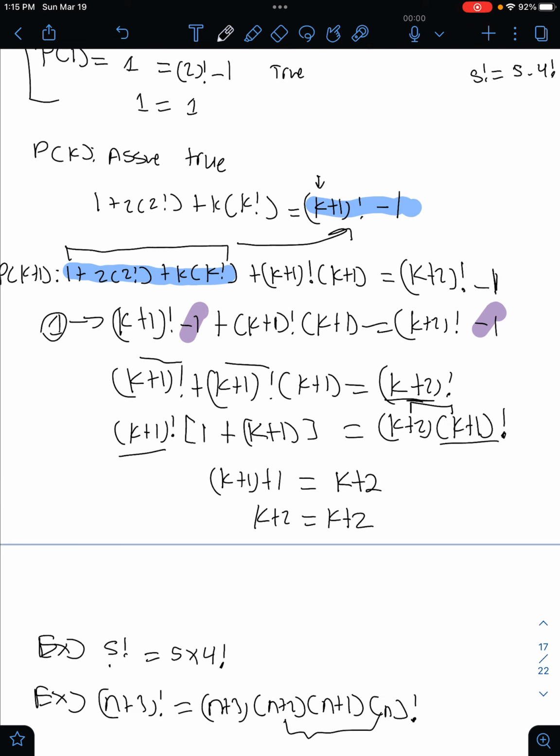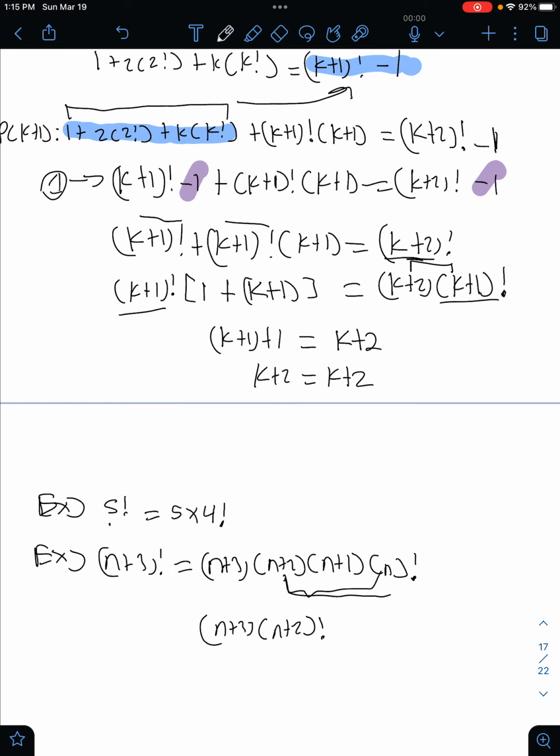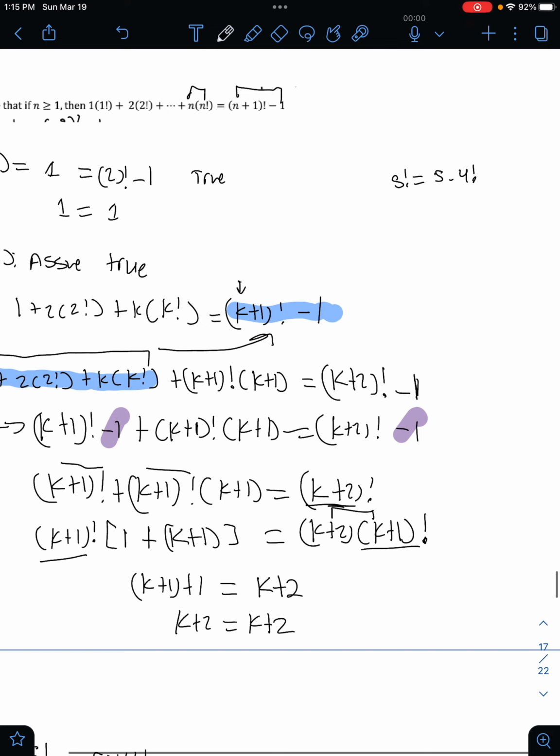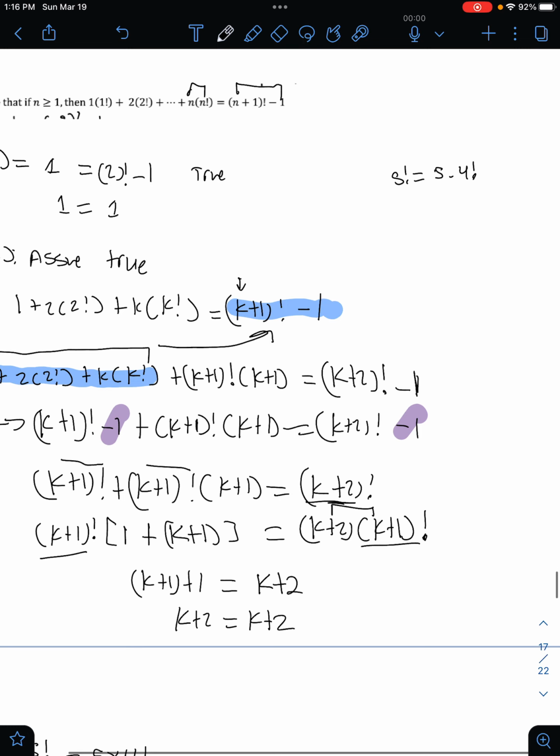But what we can really rewrite this portion as is (n plus 3) times (n plus 2) factorial, if that makes sense. That's what we basically did right here: we rewrote this as (k plus 2) times (k plus 1) factorial, because this (k plus 1) factorial encompasses everything all the way down to just a normal k.